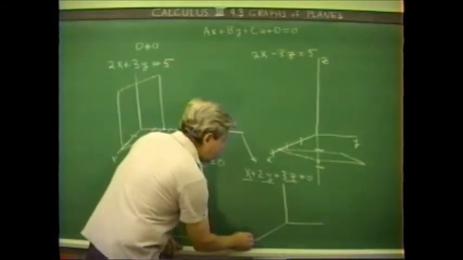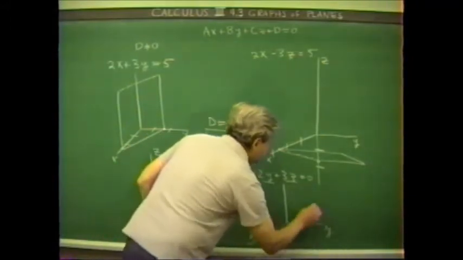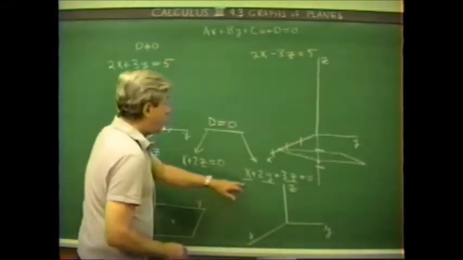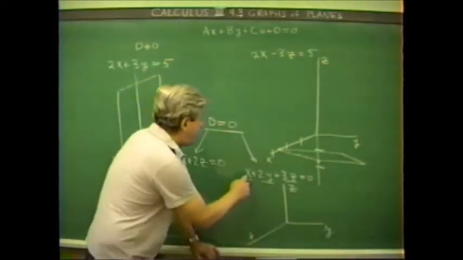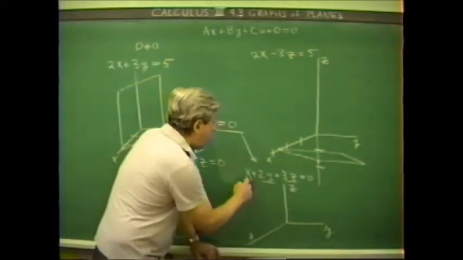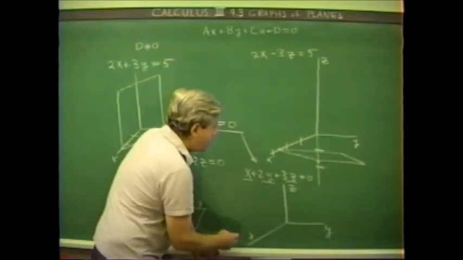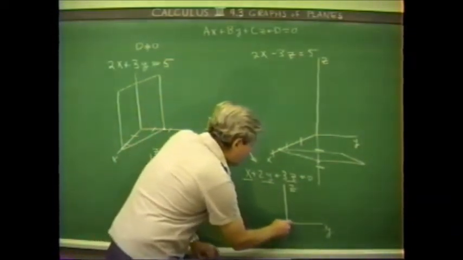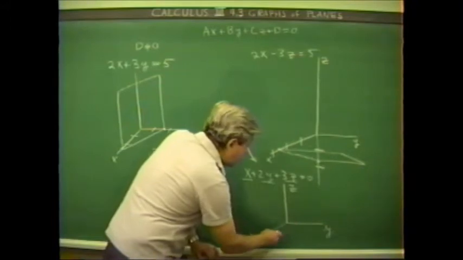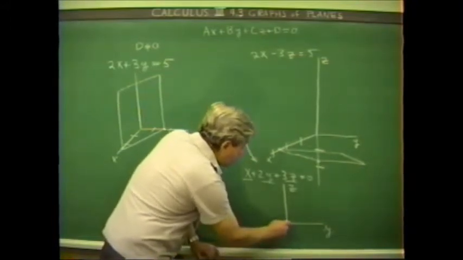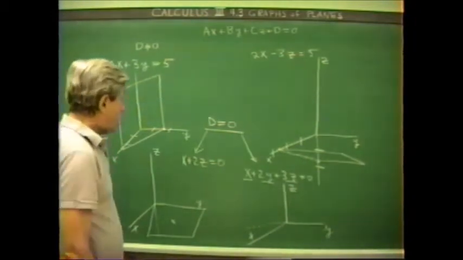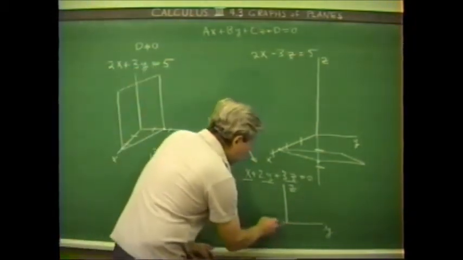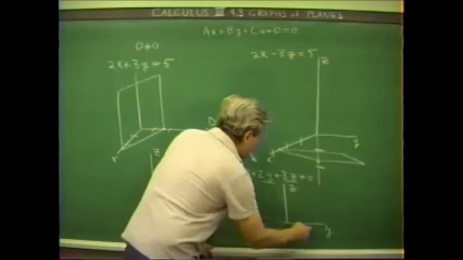and these will indicate where the graph is located. So in particular, when z is equal to 0, we've got x plus 2y is equal to 0, or y is equal to minus a half x. And so consequently, y equals minus a half x is going to look something like this. So this is in the xy plane.